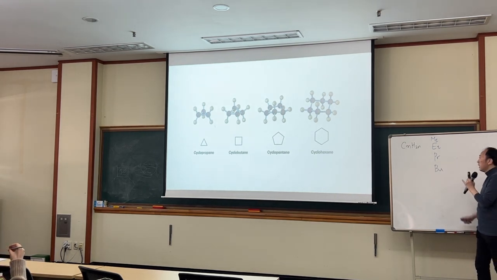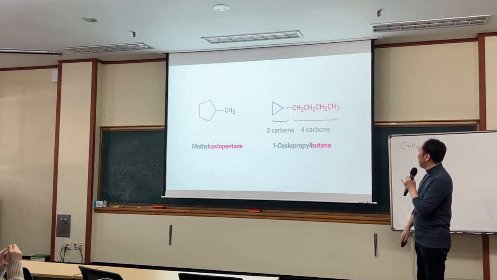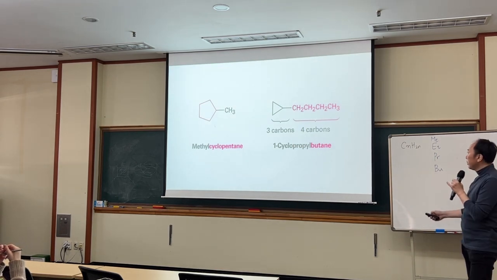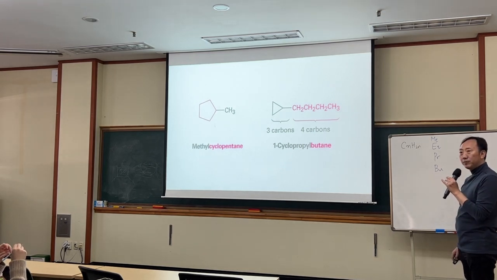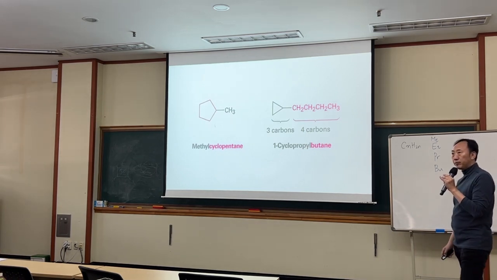Okay. Now based on this, cyclohexane, up to 6-membered ring you have seen. Now if it's connected to other side chains. Now this one, core structure or mother structure is cyclopentane, and you can use this as methyl group here, methyl cyclopentane.